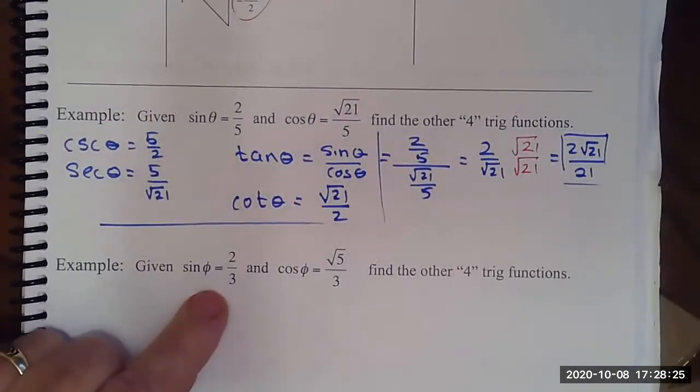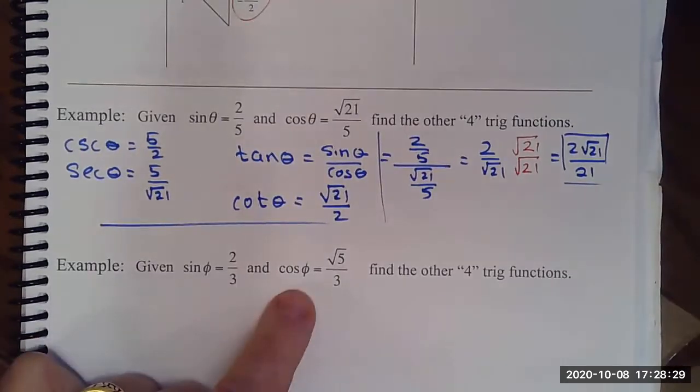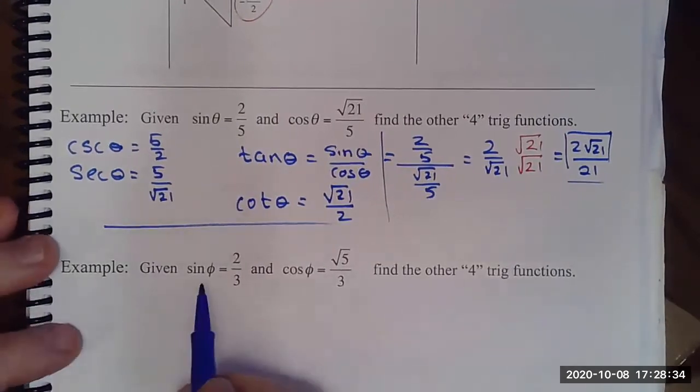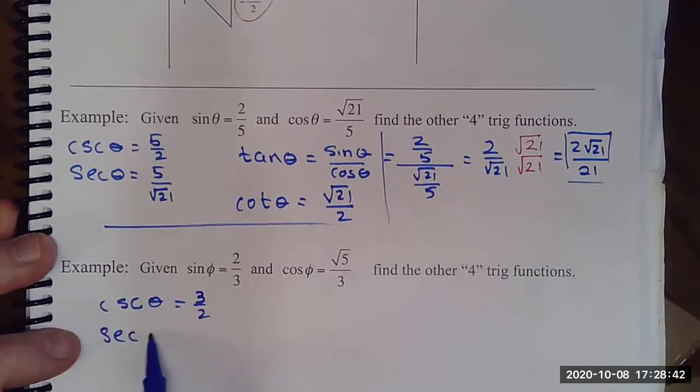Okay, different variable, phi. That's the Greek letter phi. So similar kind of problem. How about cosecant of phi is equal to 3/2. Secant of phi is equal to 3 over root 5.